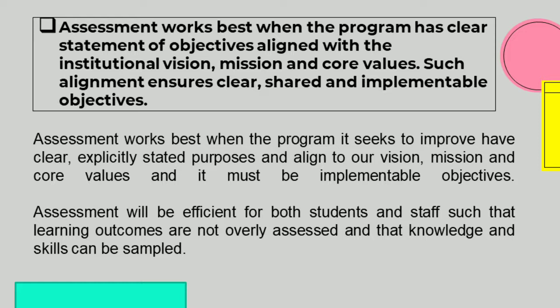Assessment works best when the program it seeks to improve has clear, explicitly stated purposes aligned to our vision, mission, and core values, and it must be an implementable objective. Assessment will be efficient for both student and staff such that learning outcomes are not overly assessed and that knowledge and skill can be sampled.